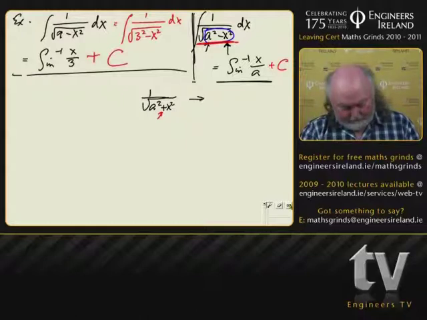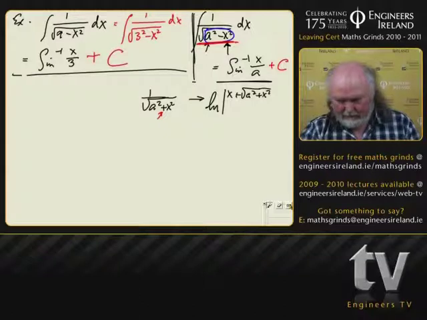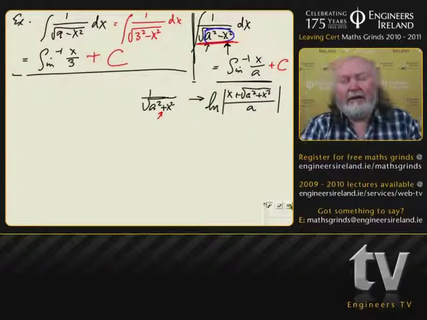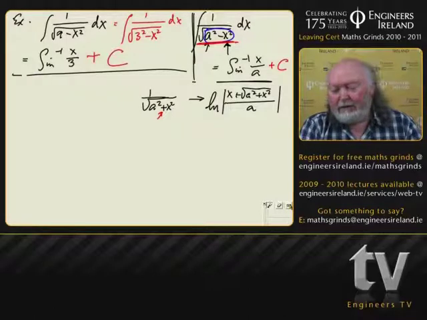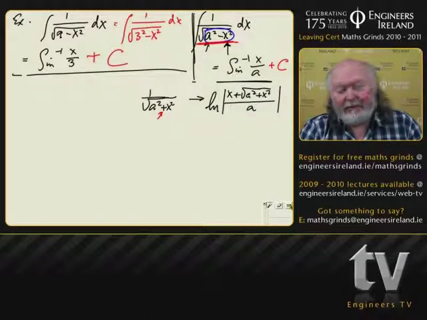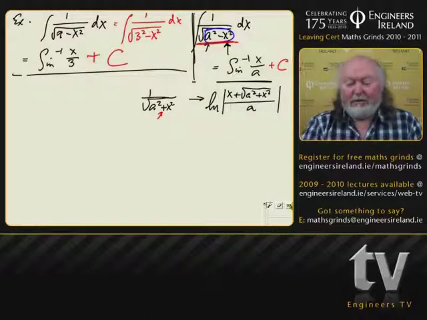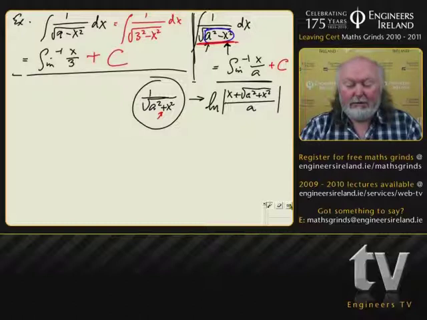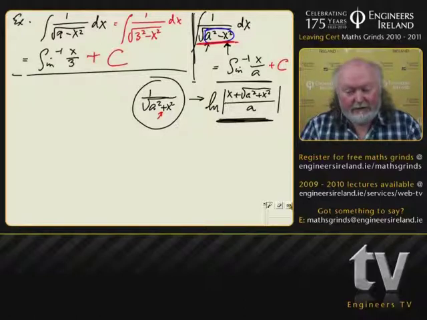That gives us the log of the absolute value of x plus, kind of a complicated answer. The good news is you don't have to know where that came from. You just have to be able to recognize that what you have been given can be brought into a form like this, and then you immediately just use this.